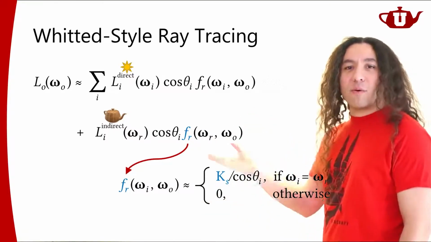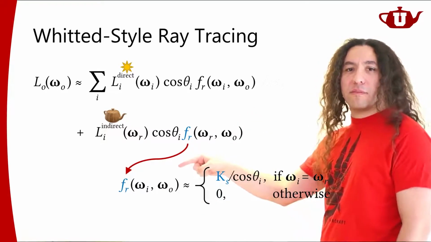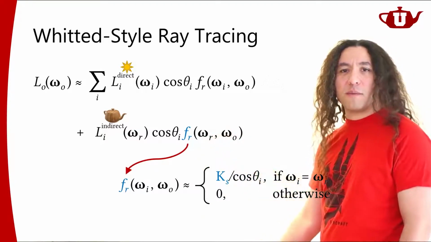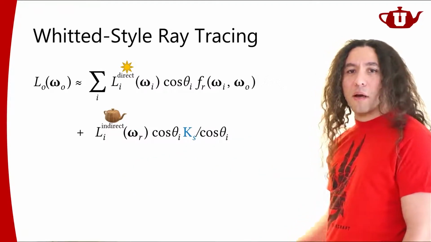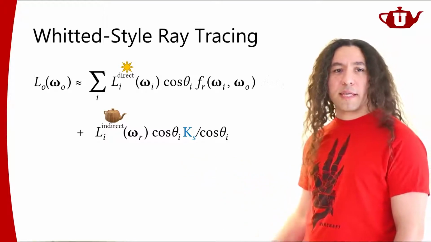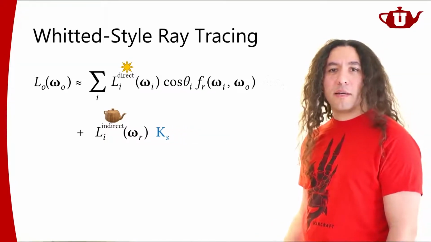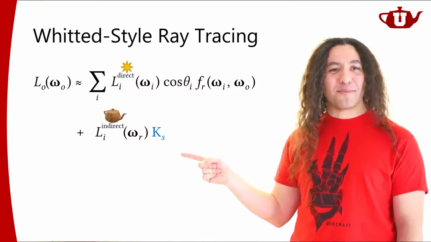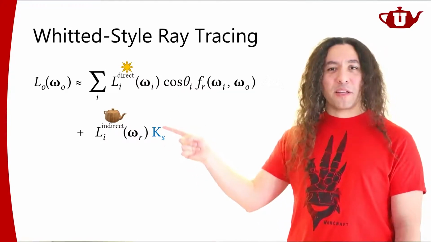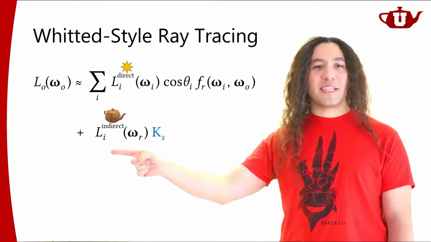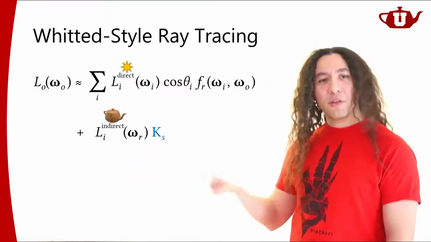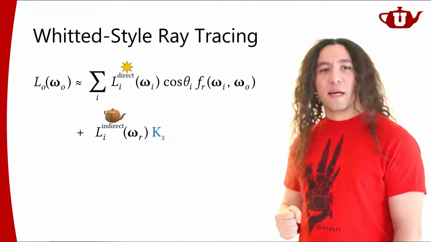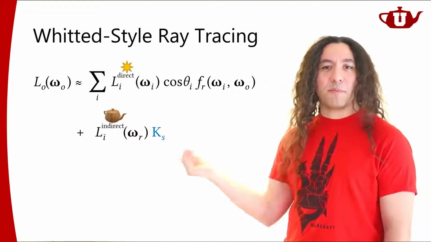And if I put this equation in there, now the reflection incoming direction is always the perfect reflection direction. So I get this, and these cosine terms cancel out each other, and I get this. Remember this? This is what we came up with last time. We were saying the specular coefficient times whatever the reflected illumination is. So you look at the reflection direction, compute the incoming light, and that multiplied by the specular term.